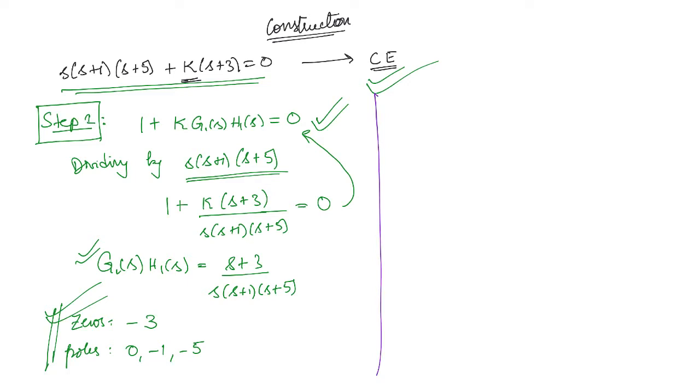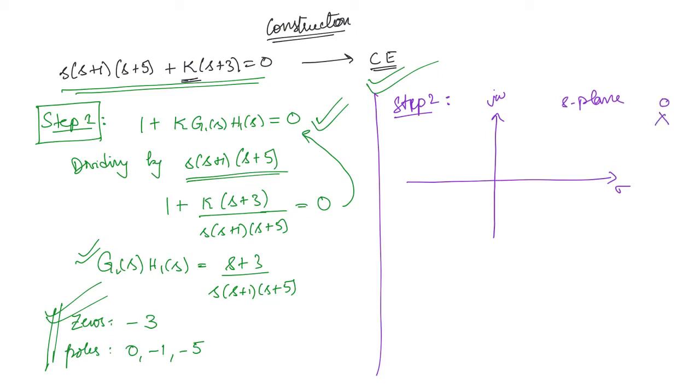The second step: once we've identified the zeros and poles, we will take the s-plane. So sigma and j omega, this is the s-plane. Here we will plot the poles and zeros that we have got. Zeros we will mark by a circle and poles we will mark by a cross.